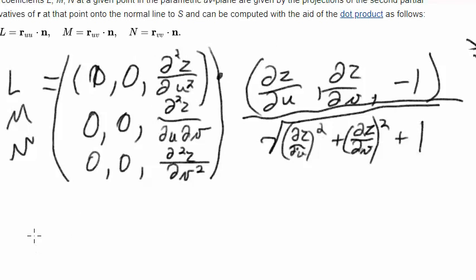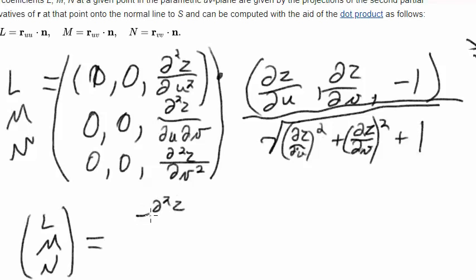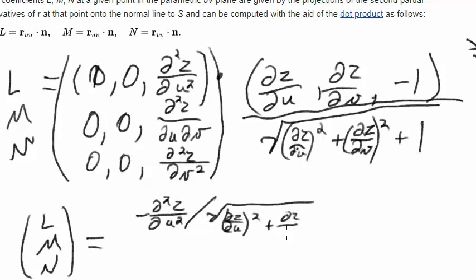The final form of LMN is going to be negative del squared z del u squared over square root of del z del u squared plus del z del v squared plus 1.